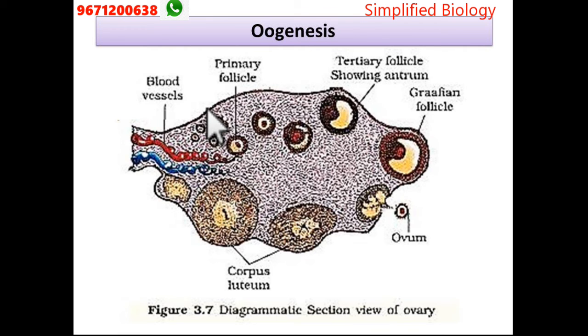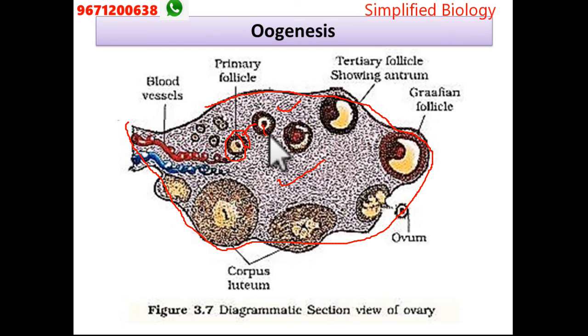Okay beta, this is the section of the ovary. There will be two major parts, one named the cortex, another named the medulla. Clear? So here is the primary follicle. The primary follicle is modified into the secondary follicle.